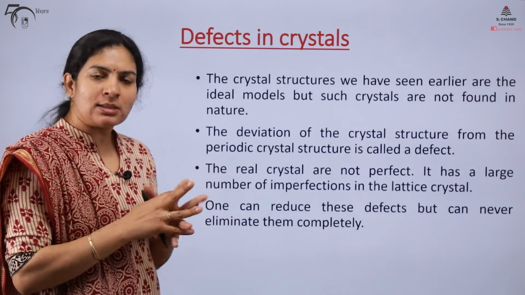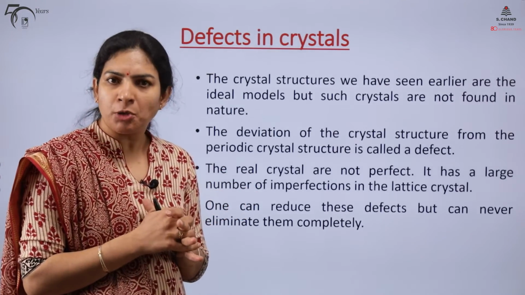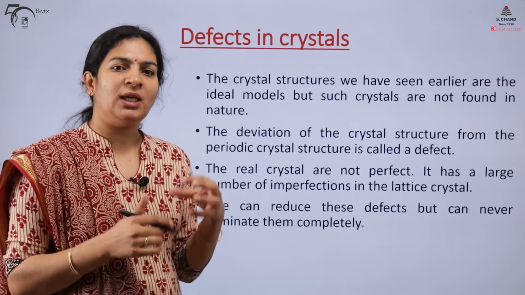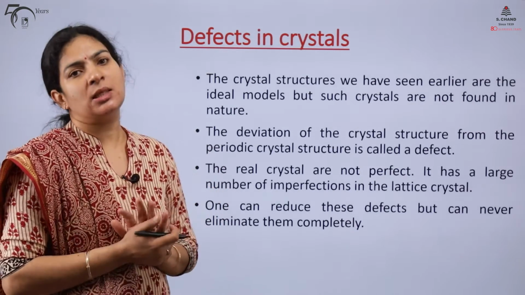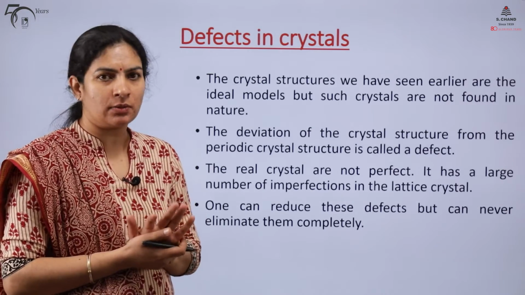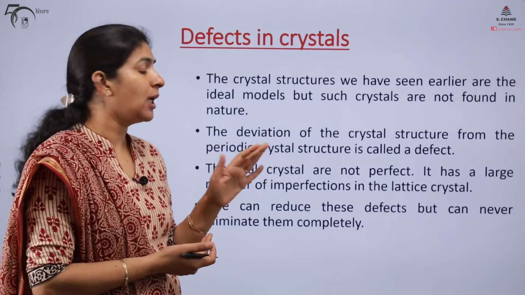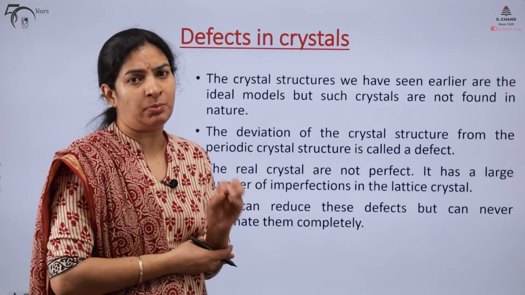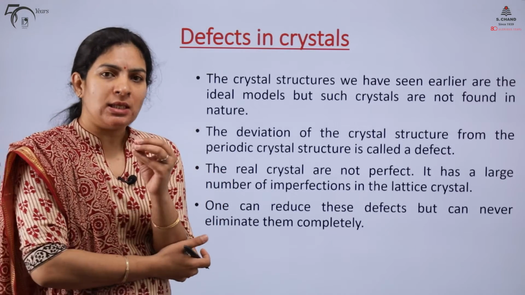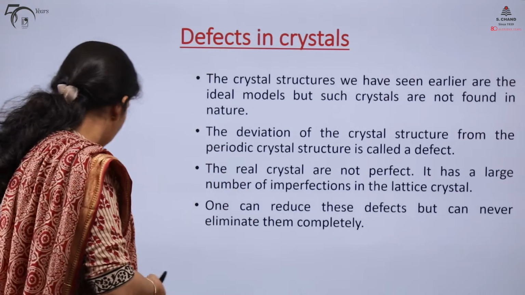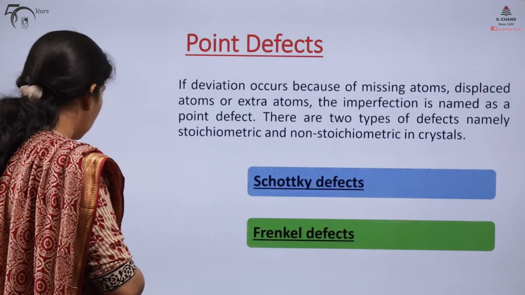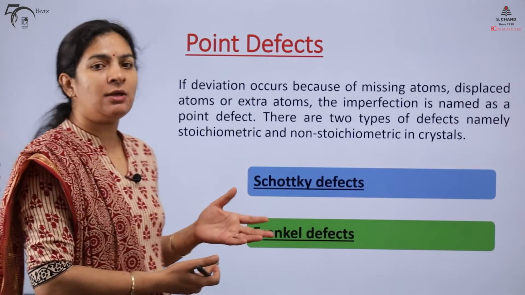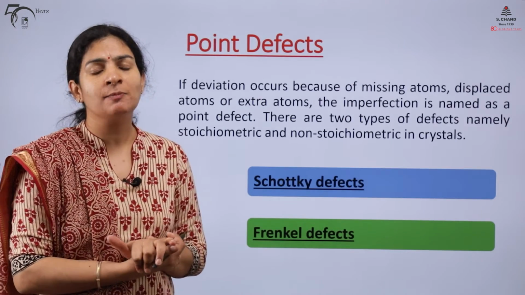The real crystals, of course, are not perfect. We can minimize these imperfections or defects in the crystal, but we can never eliminate them completely. Now, what are these defects and how do they affect the various properties of the crystals?